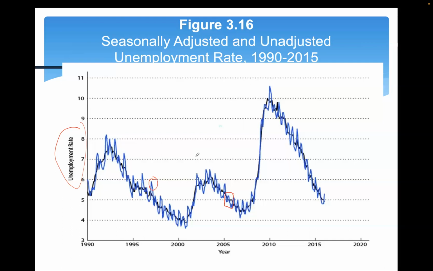Hence, to really understand the long-term trend of our macroeconomy, usually we do a seasonal adjustment. Basically, we get rid of the seasonal effect on the fluctuation of our economy. That's why we do the seasonal adjustment.